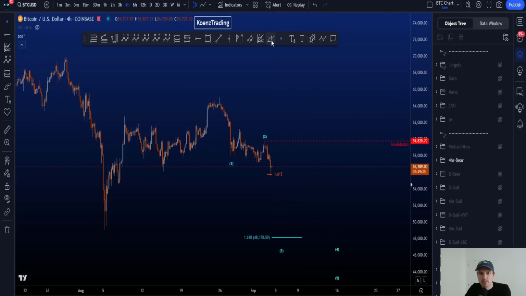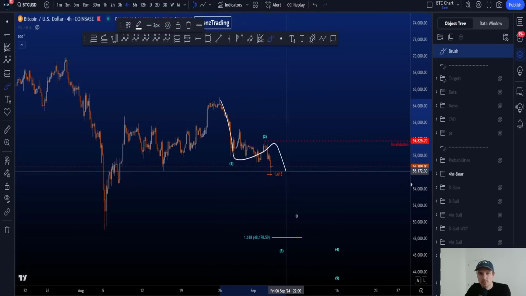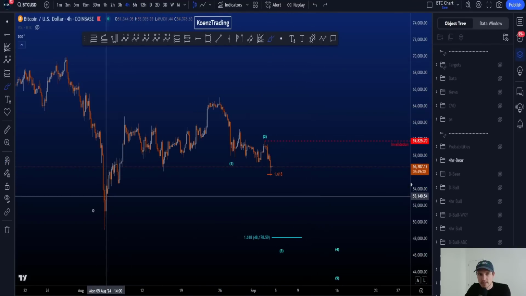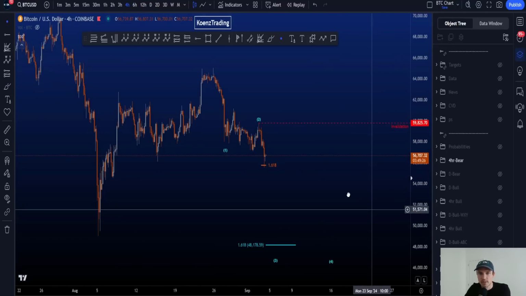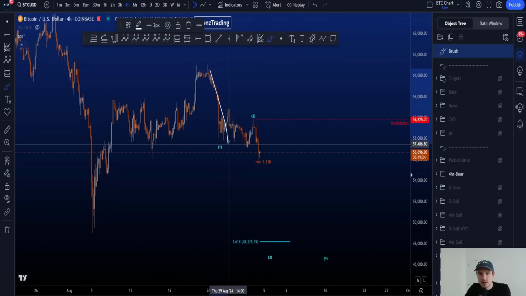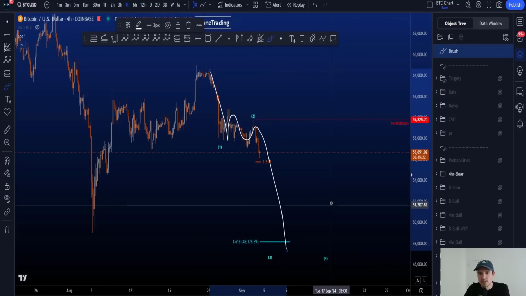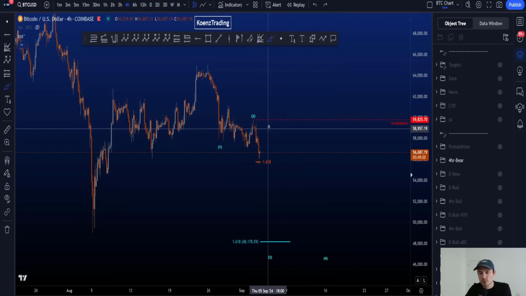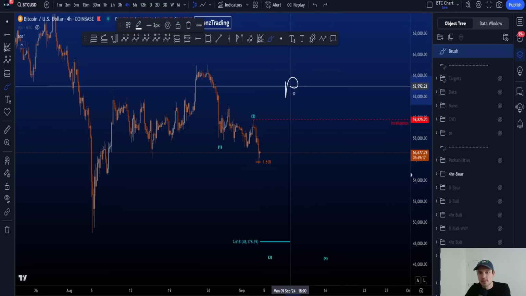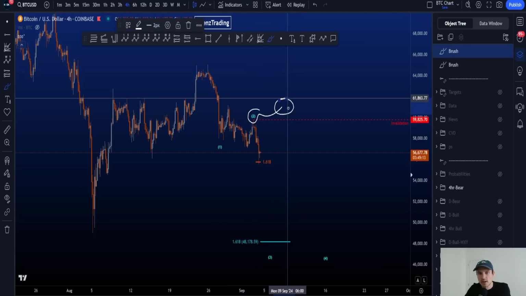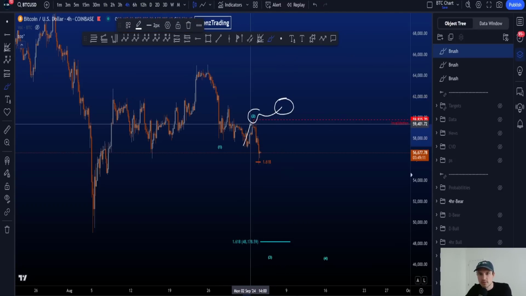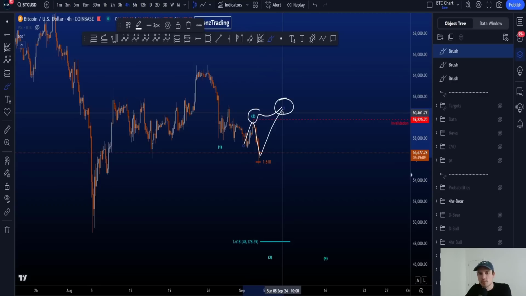In this case, we then have a wave 1, 2, and you look for a continuation to the downside if this is a finished 3-wave move towards the upside. So in this case, we then have a 5, 3, and we look for a continuation to the downside. Of course, alternatively, just like with that yellow B, your wave 2 here might extend to another higher high over here. So A, B, and then a wave C, but at the moment not relevant.